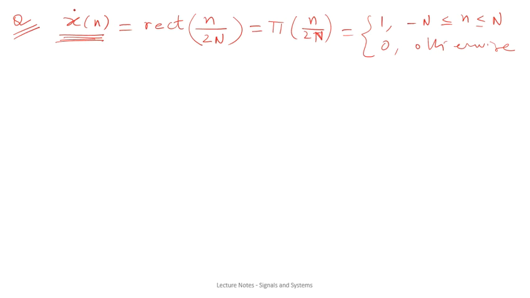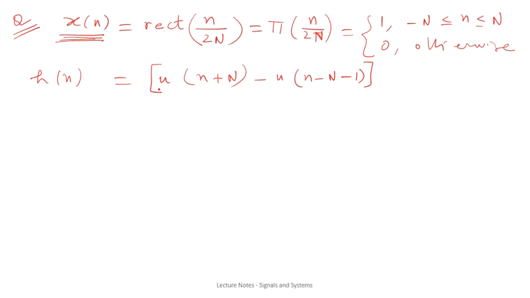Or the second statement of this question can be: evaluate the convolution sum for a system with the input x[n] and the impulse response h[n], which is given by u[n + N] minus u[n - N - 1].